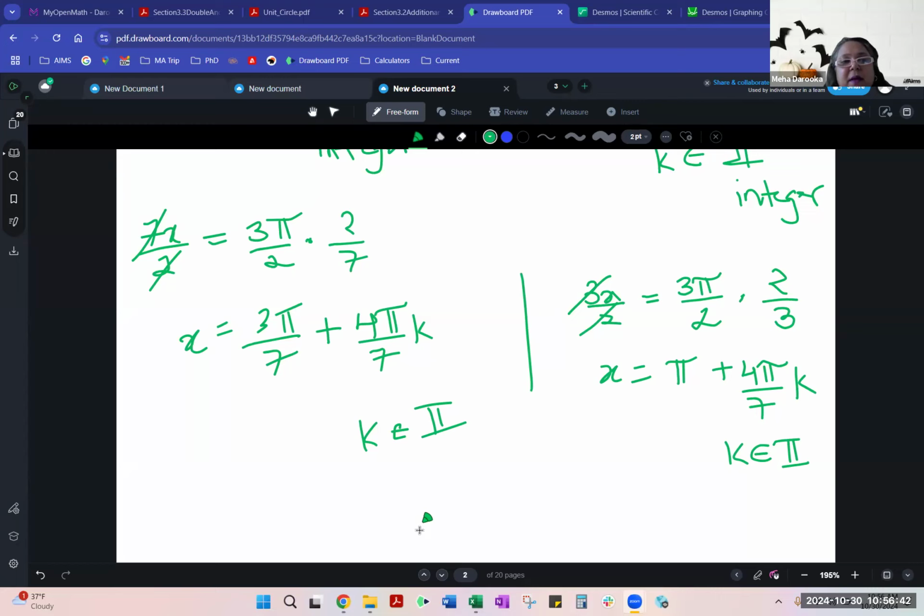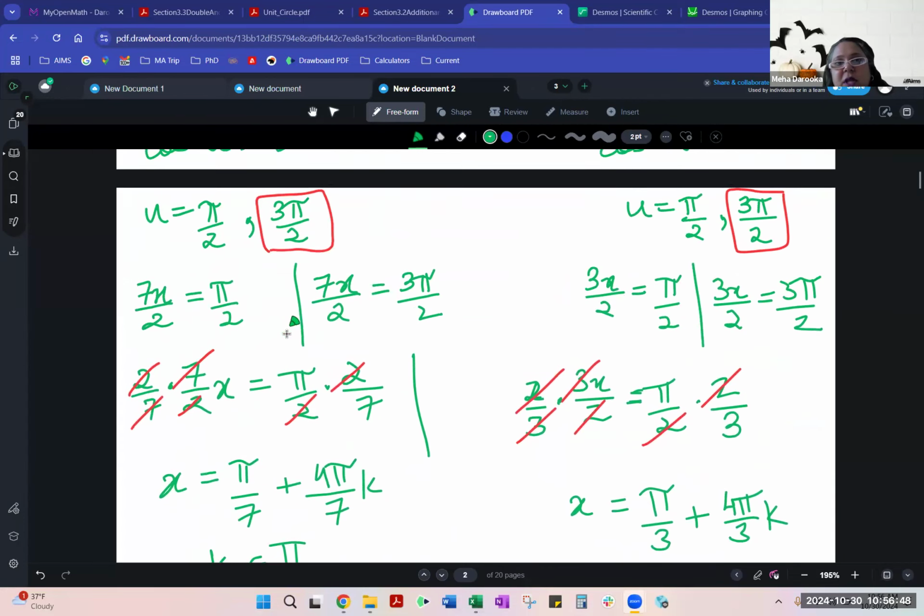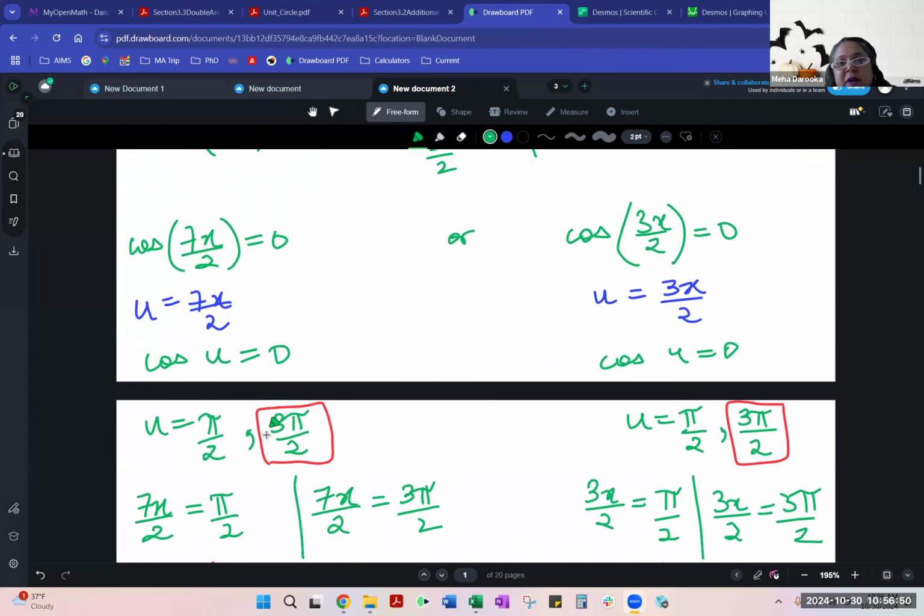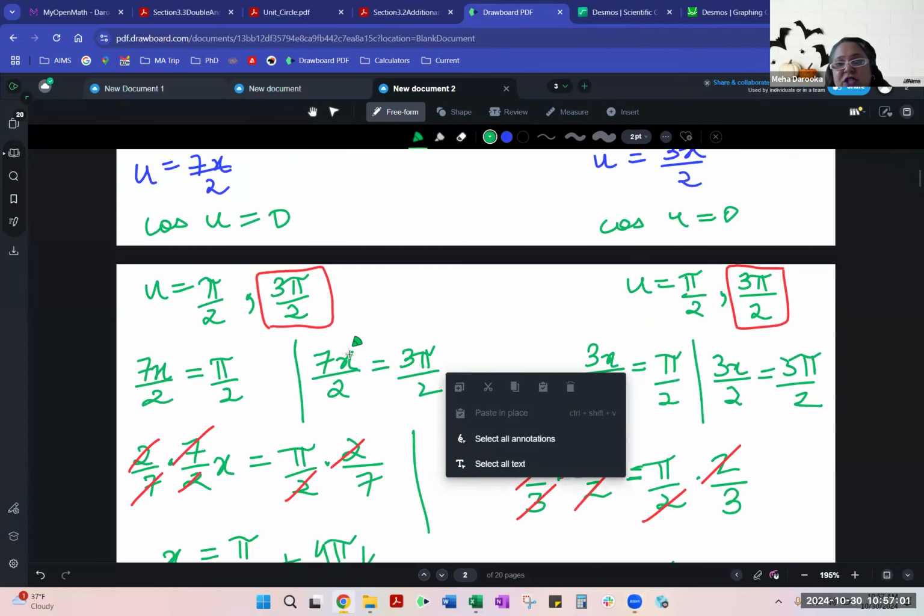Yeah, so why the 3 pi over 2 is actually not the original angle. Remember, 3 pi over 2 is just for the cosine of u function. But as soon as we replace that u with 7x over 2 or 3x over 2, that angle changes, right?